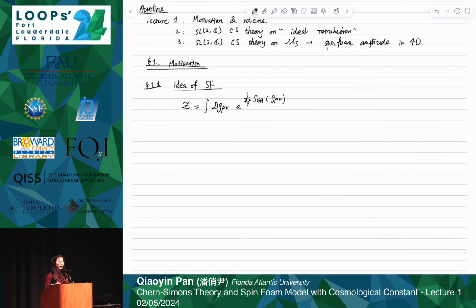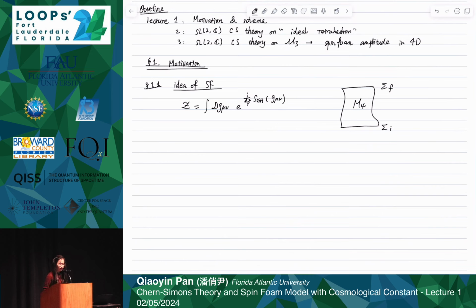Suppose I have an initial slice and a final slice, then this path integral describes the history bounded by these spatial slices. So this describes a 4-manifold M4.